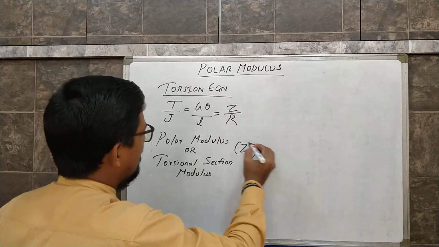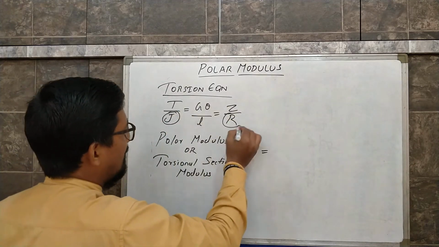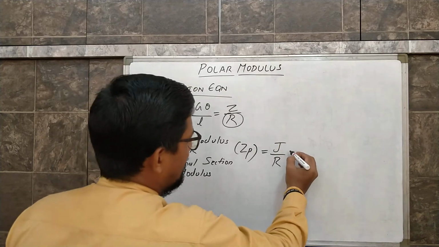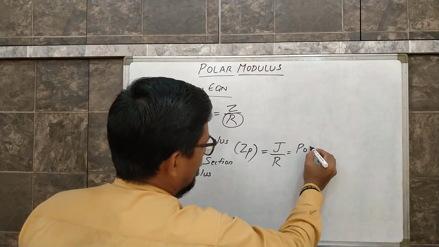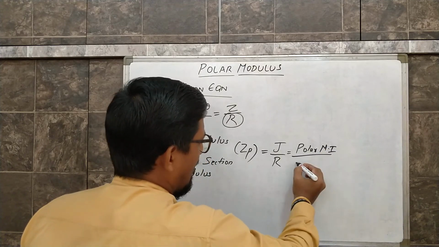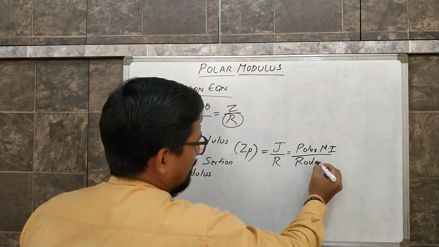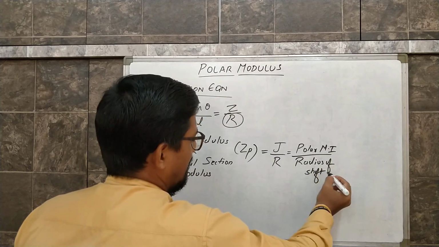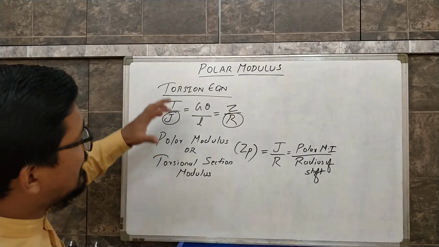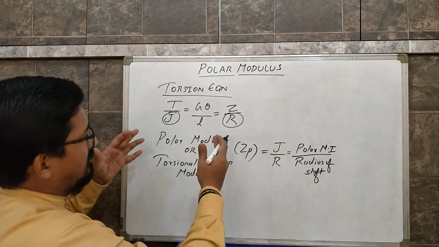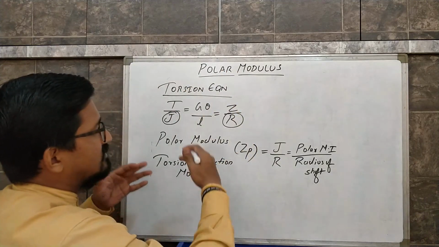So this ZP is nothing but the ratio of J by R. This J is polar moment of inertia and R is radius of shaft.